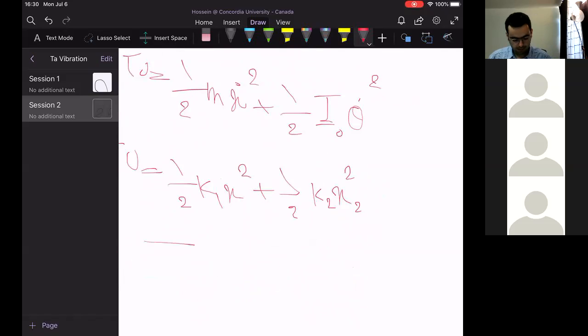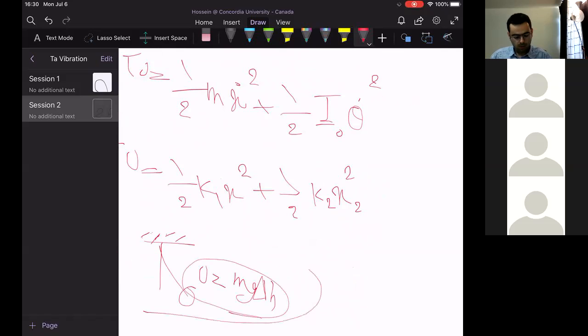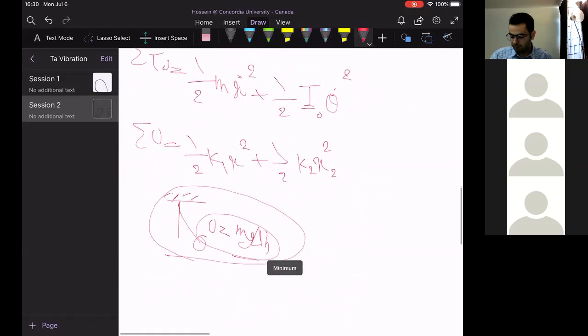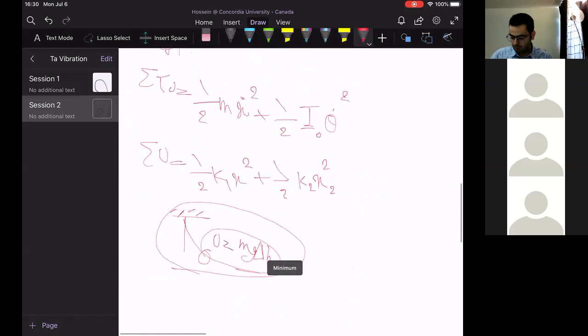If you have this system, the mass, the pendulum, you have to use mgh. You have to calculate mg delta h if you want to derive effective stiffness, right?